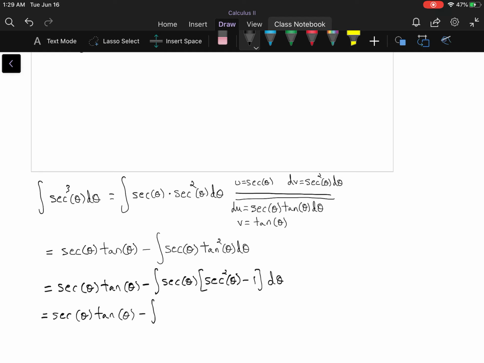So that gives me secant theta tan theta minus the integral of secant cubed theta d theta. And then you're going to have two minuses, so that's going to be plus the integral of secant theta d theta.